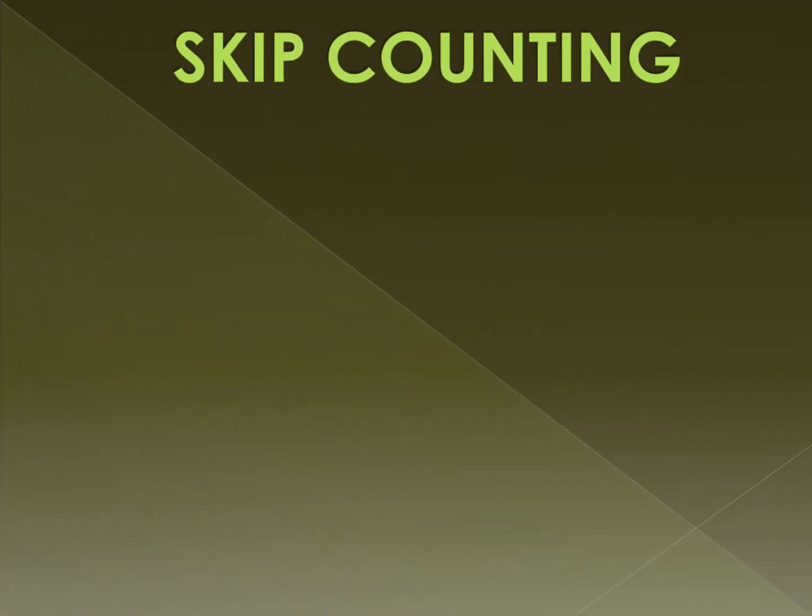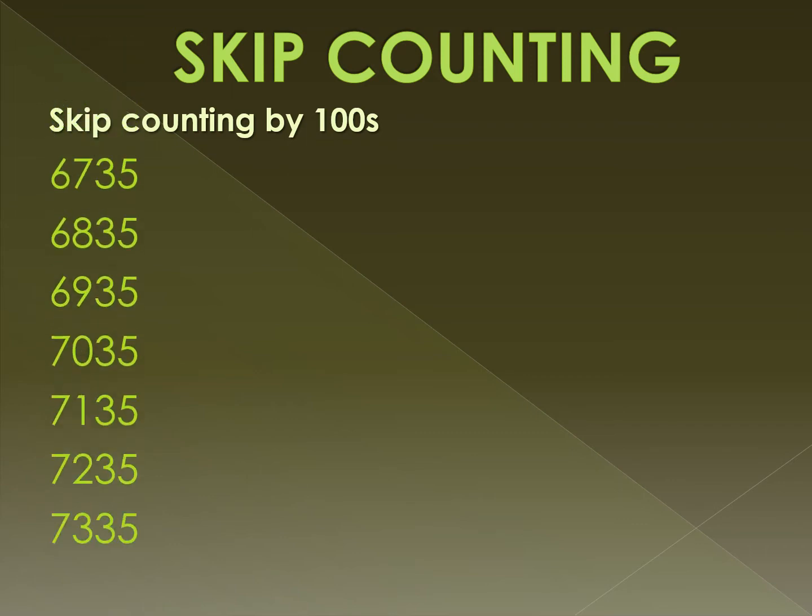Now let's try skip counting by hundreds. When we are skip counting by hundreds, we are increasing the hundreds place digit by 1. Our given number is 6,735 and we have to skip count by hundreds.